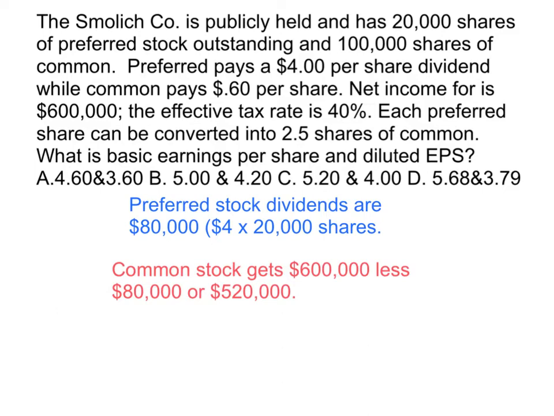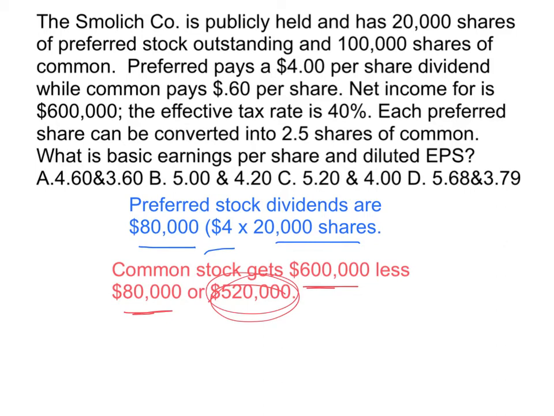Here, preferred stock gets $80,000, which is the $4 per share times 20,000 shares. That's the preferred stock cash dividend. The common stock dividend then is the $600,000 less this same $80,000, which leaves $520,000 for the common stockholders.